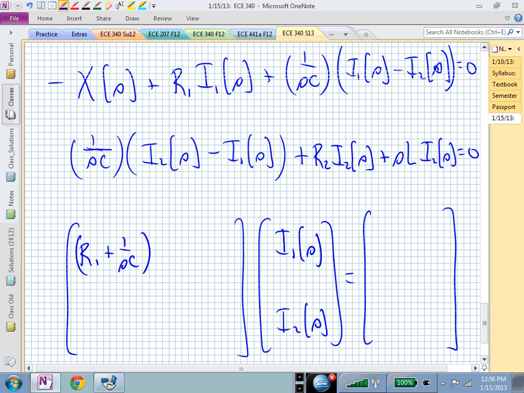The only thing multiplying I sub 2 is this minus 1 over SC. And if I push the input x, or add x to both sides, I end up with my input in the top row of my forcing function on the right-hand side. There's my capital X. And that's now the first equation in matrix form.